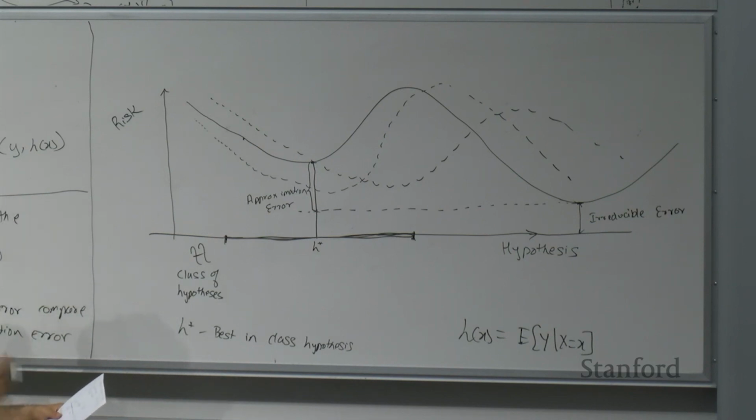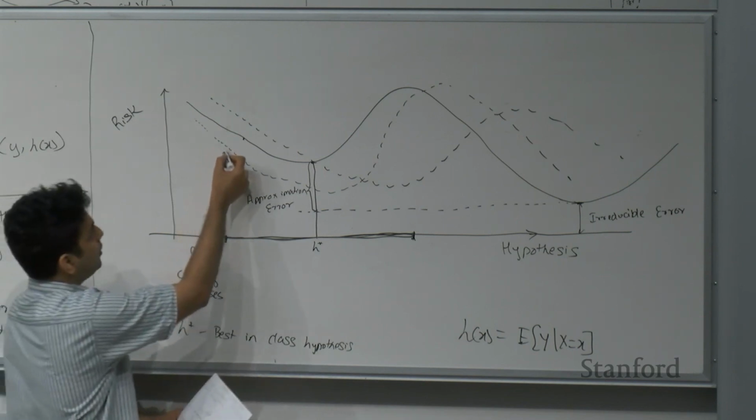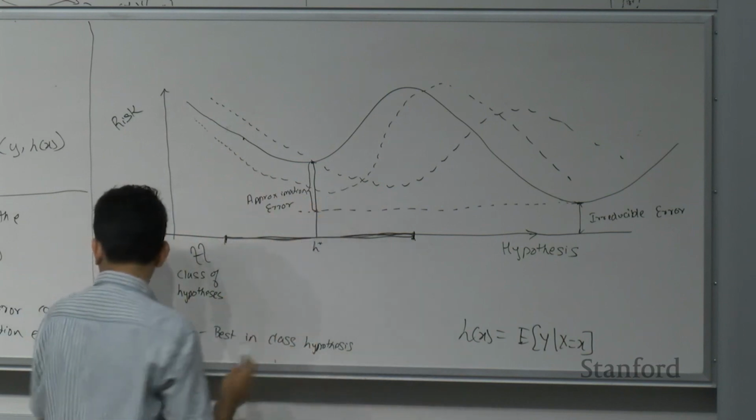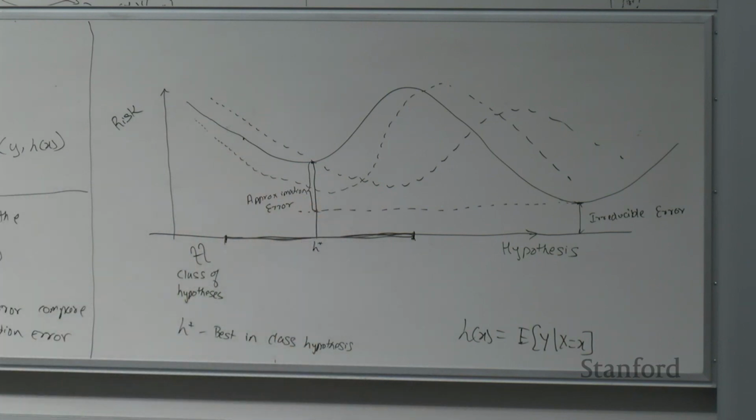However, the model that we end up using is the one that we get by minimizing the empirical error. So it is the empirical risk that we minimize in order to come up with a model.